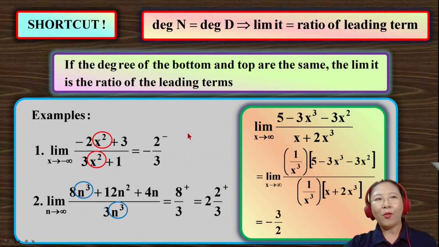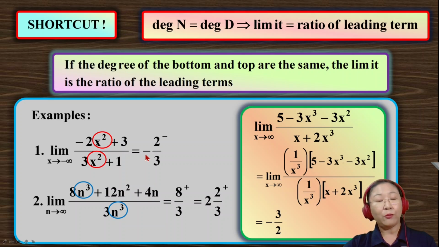So I have more examples here. You have the limit as x moves to negative infinity for the first one. So you just imagine these infinity numbers are squared. The top one is squared and the bottom one is squared. So they have the same element. Okay, so the ratio will be 2 over 3. That's what I wrote here. And the value is negative 2 over 3.